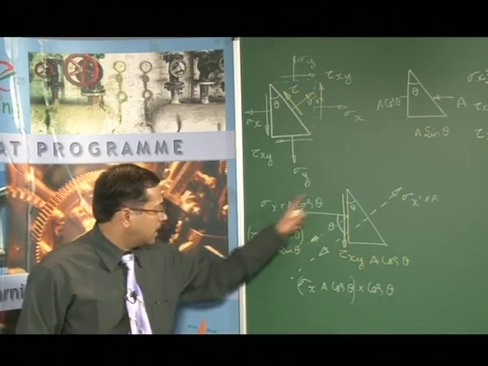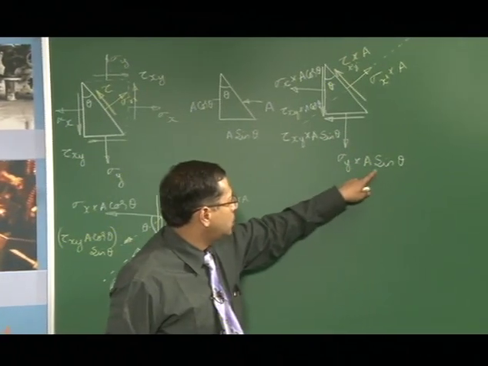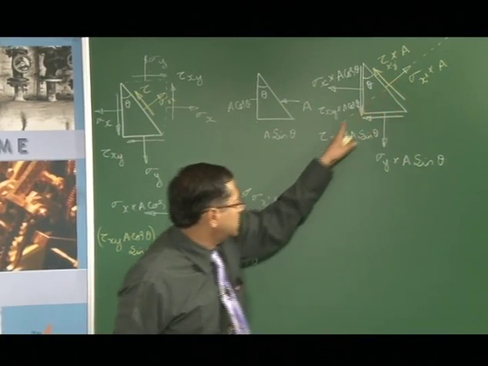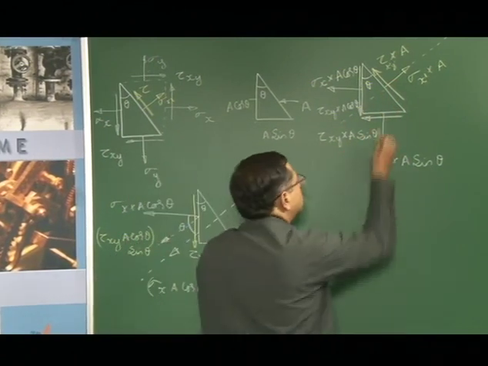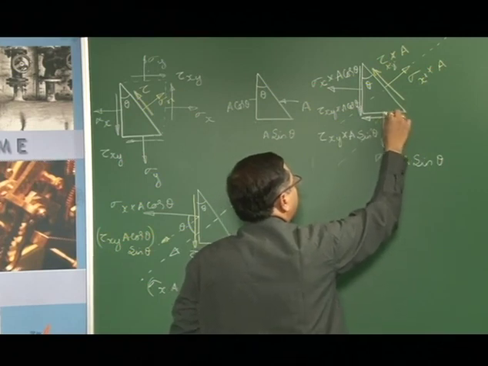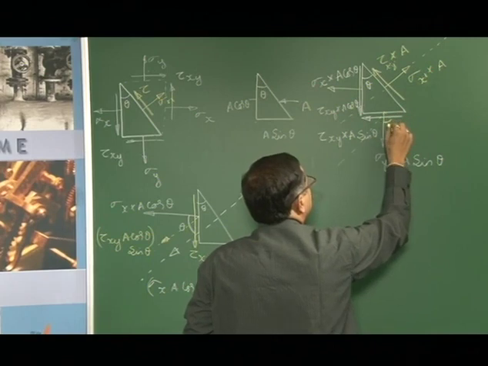Now similar to this, the force that is acting on this face is sigma y into delta a sin theta. We have to resolve that along this axis. This angle is theta.